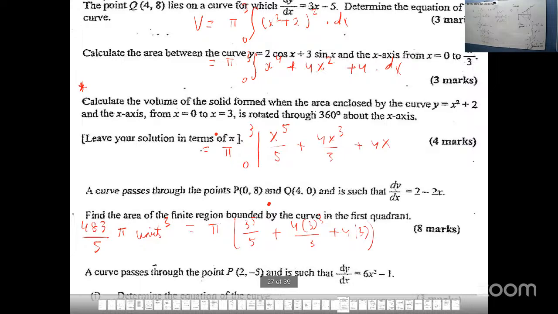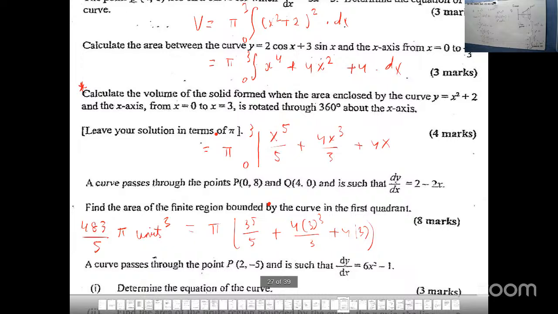You have to put it in the calculator properly, Baru. I think you should practice that properly on Monday. So that's 483 over 5, but you leave the answer in terms of pi.